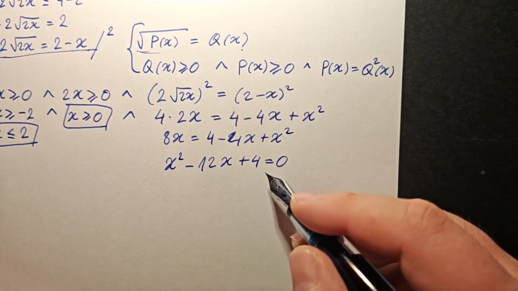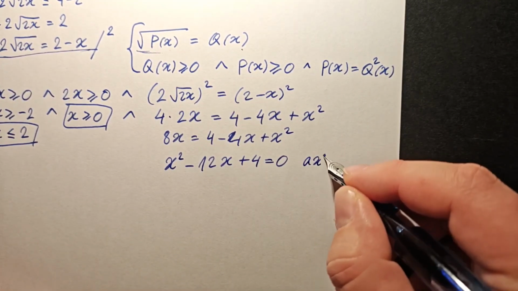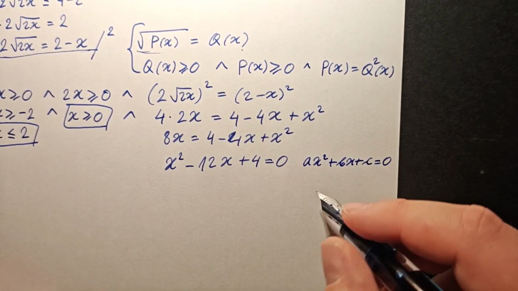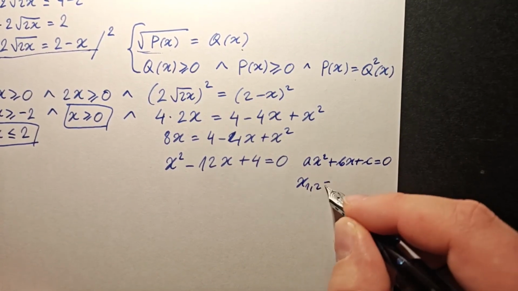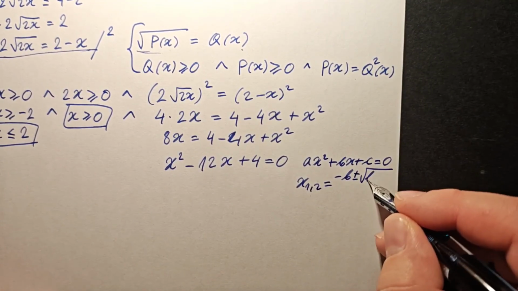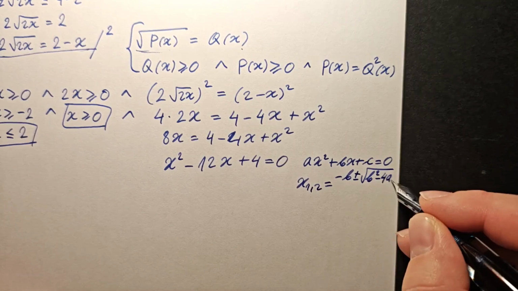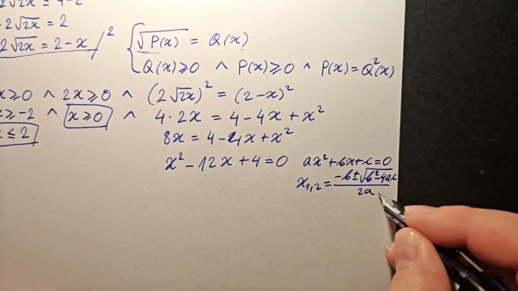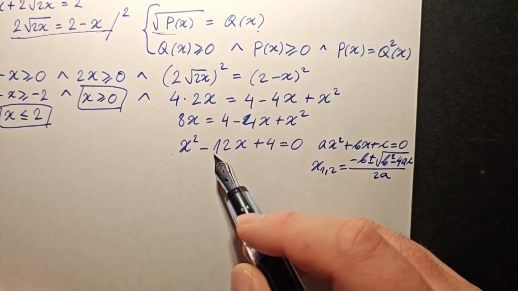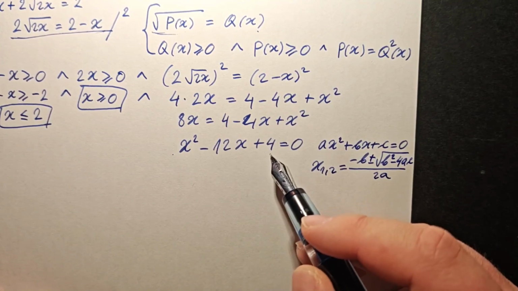This is a quadratic equation of the type ax squared plus bx plus c is equal to 0, and the solution is given as x1 or 2 is negative b plus or minus the square root of b squared minus 4ac divided by 2a. Of course, a is 1, b is negative 12, and c is 4.